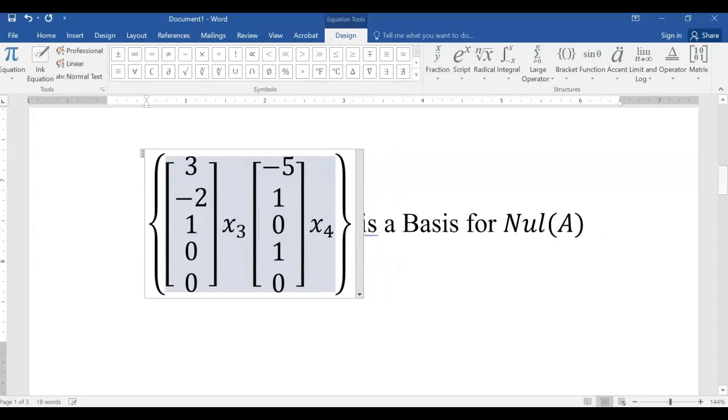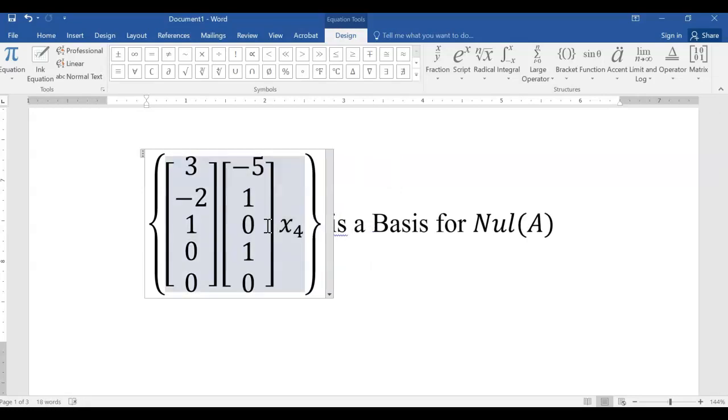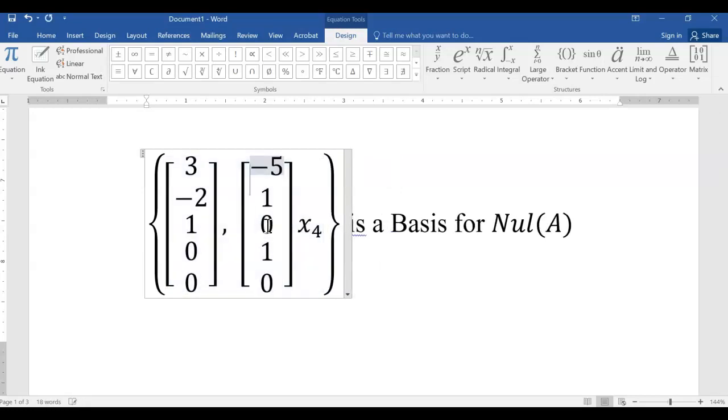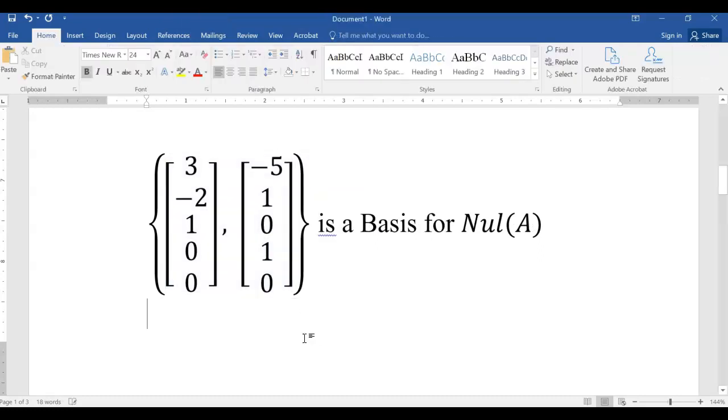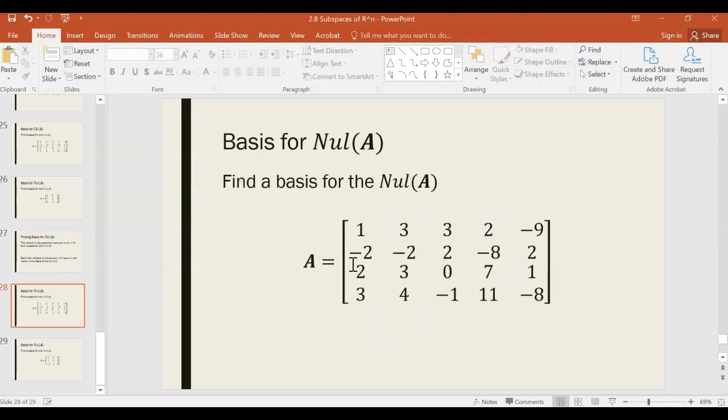So all we do is say a basis is any linear combination of those two vectors, because the parametric solution was just a linear combination of those two vectors. So that is a basis for the null space of this really big matrix.